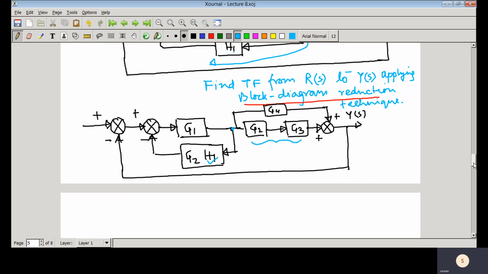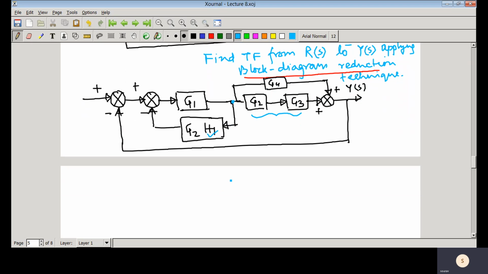Whenever two systems are cascaded, what happens? Suppose you have G2 and you have G3. Whenever two systems are cascaded, you can see here this is Xs, this is Ys, this is Zs.